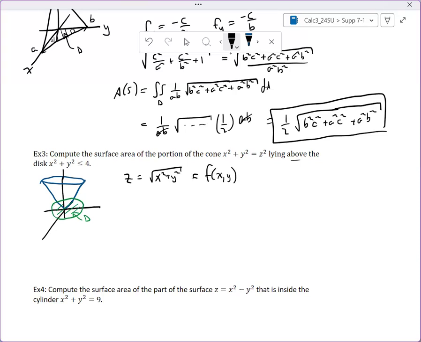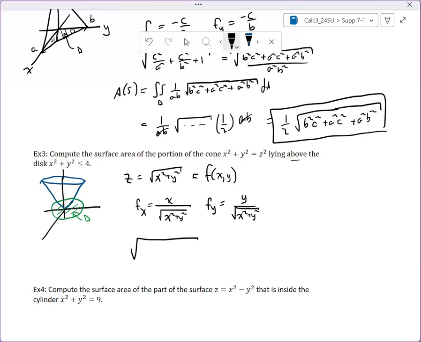So this is f of xy. fx then is x over root x squared plus y squared, and fy very similar. Note that the 2 that comes down from the chain rule cancels the 2 from differentiating the square root.